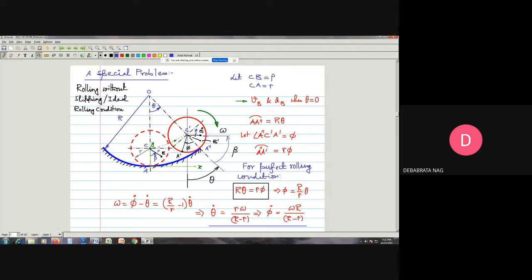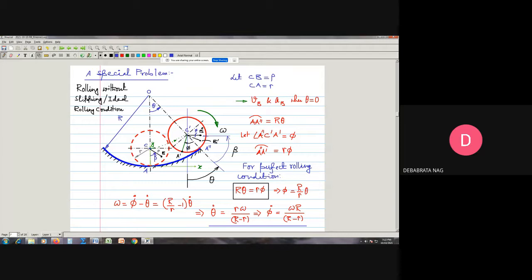So naturally, this radial line C dash B double dash will be rotated by the same angle, because of the rigidity concept. It will rotate by the same angle phi, and thereby come to its desired location, which is B dash.